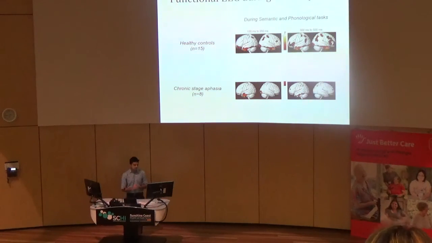In the aphasia cohort, pre-therapy, you can see much lower level activations. All the blobs that you see on the screen are type 1 error corrected, so we can be confident that this is actually task-related activity, not just resting state activity.